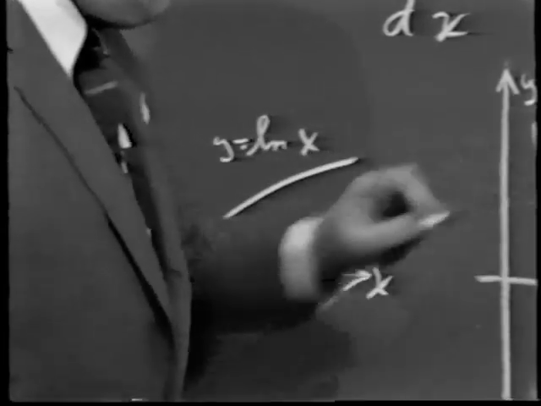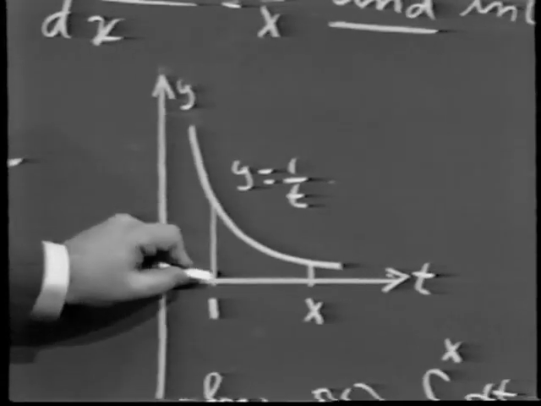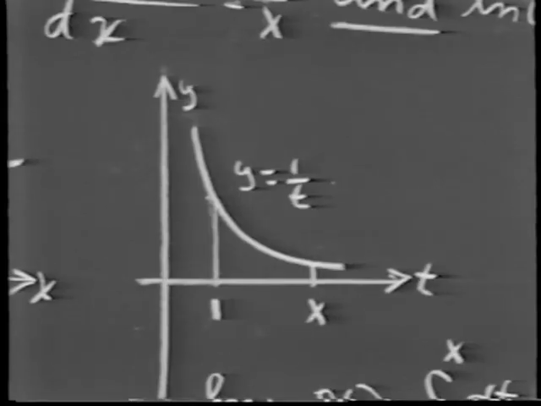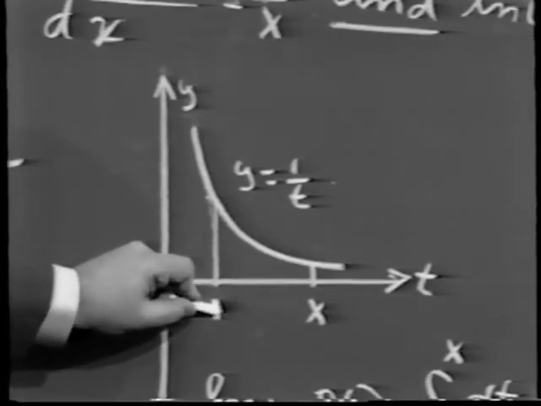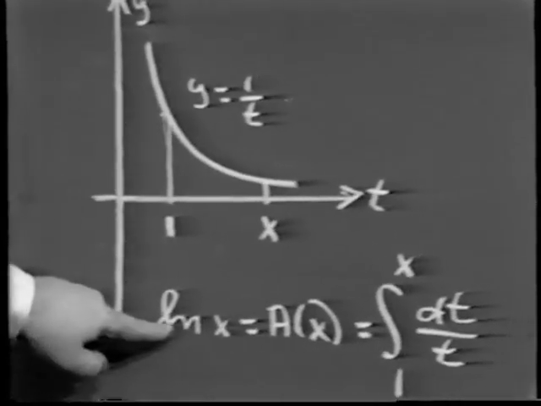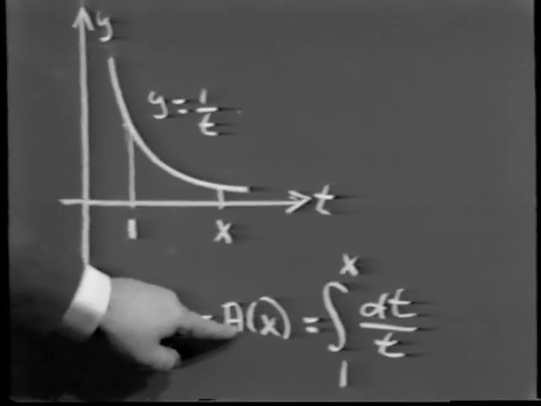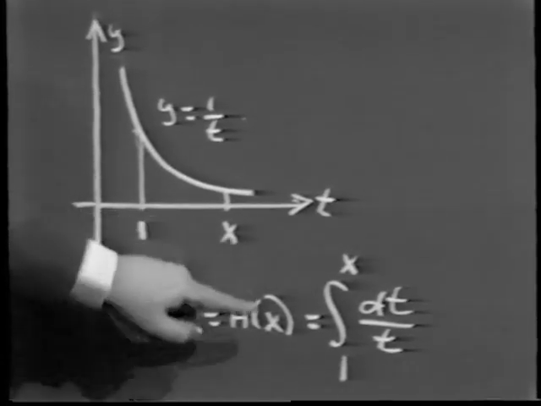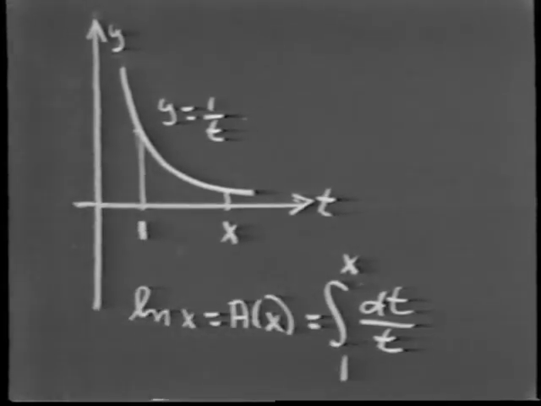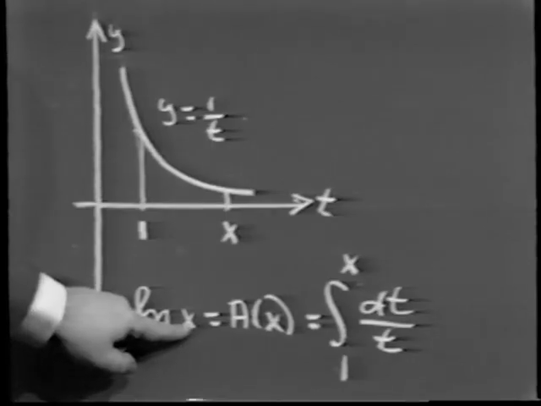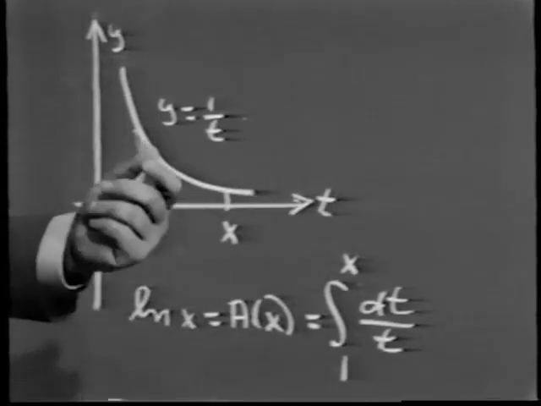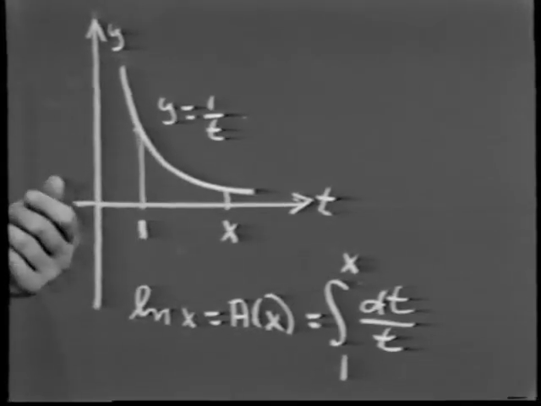In terms of the integral calculus approach, if the particular a value that we choose, the fixed value that we're going to study the area under, notice that all we're saying is pick a to be 1. And by the way, as a quick check, all we're saying is what? The natural log of x is defined to be the area under this curve as a function of x. In terms of the definite integral, that's the integral from 1 to x dt over t. And notice that if you pick x to be 1, the natural log of 1 is the integral from 1 to 1 dt over t, and that's 0, just as it should be.